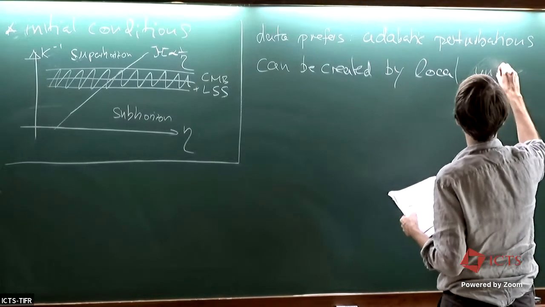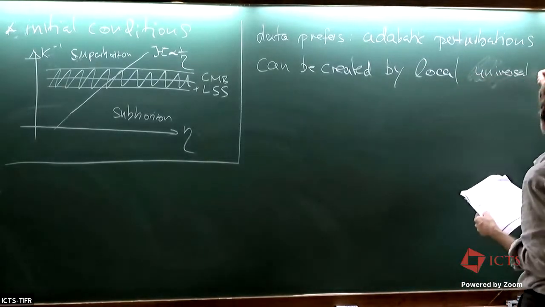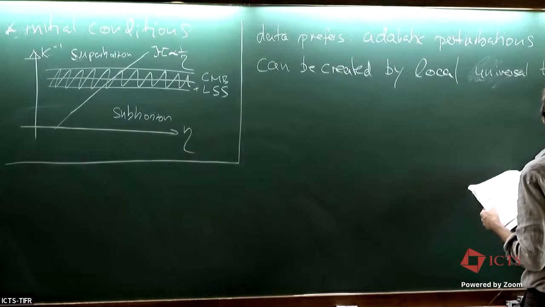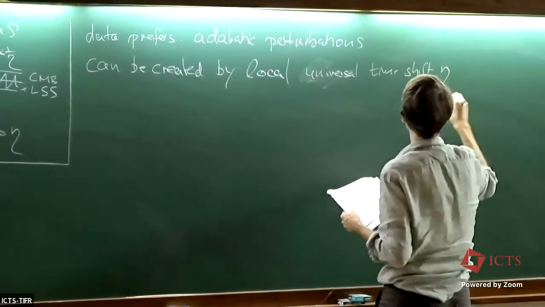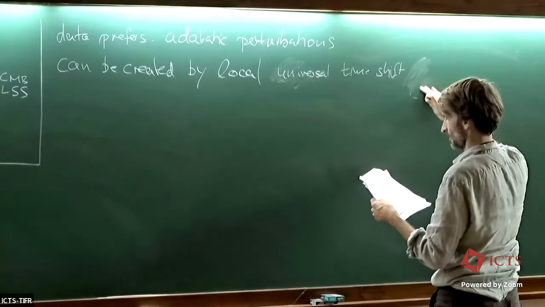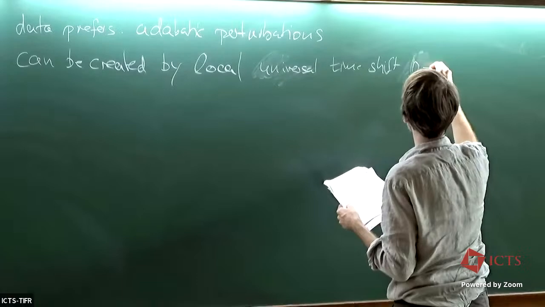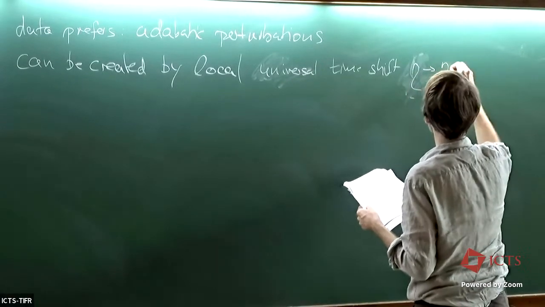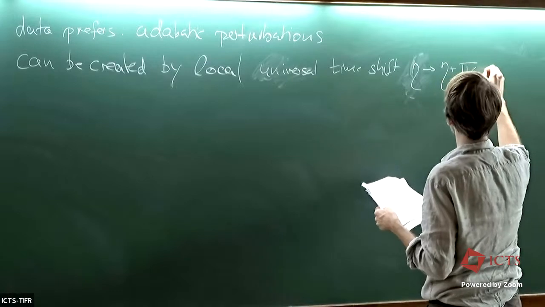So the time shift acts on all perturbations in the same way. I'm going to say more about it, and we can call this time shift, let's not call it eta, let's call it pi.